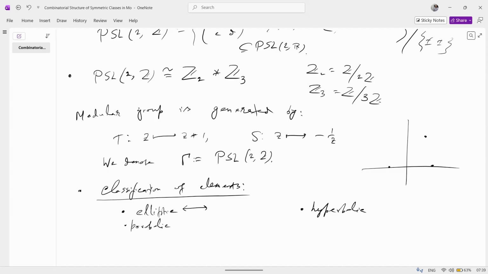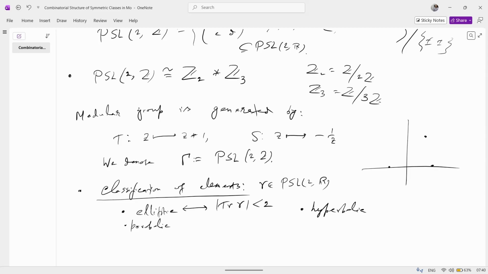Now equivalently, I take gamma in PSL2R. It is elliptic if and only if the absolute value of the trace of gamma is less than 2.